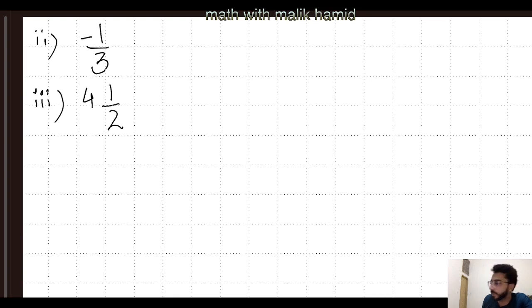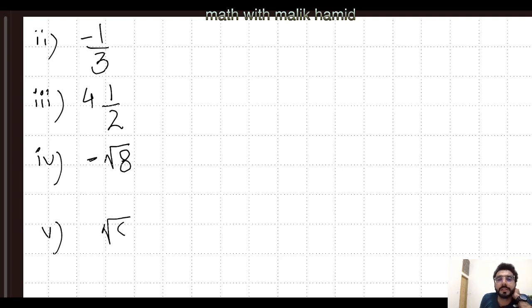The fourth part, minus square root. In the fifth part, there is square root 8 minus 1 by 3.